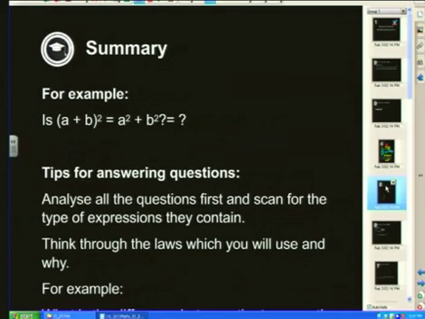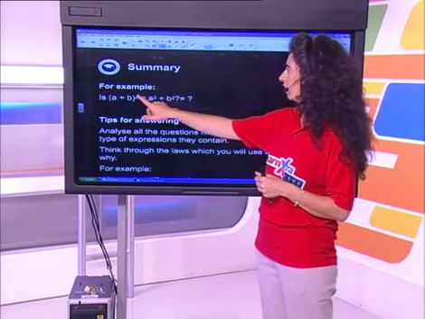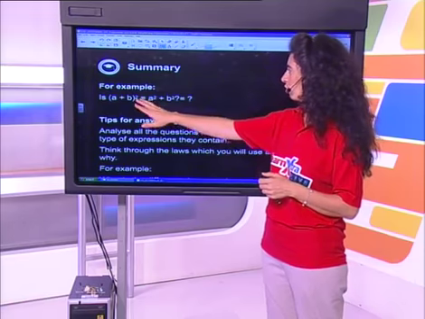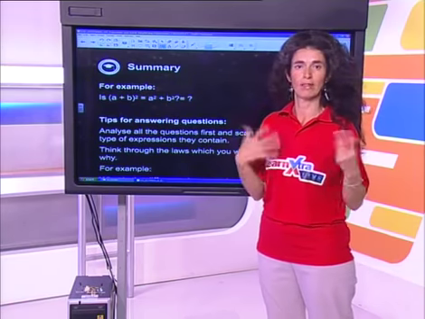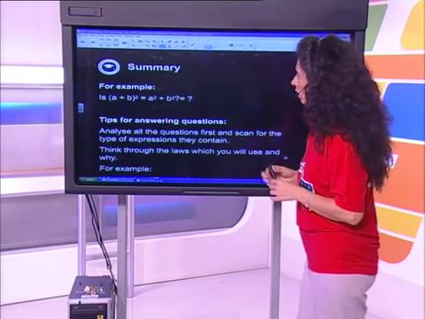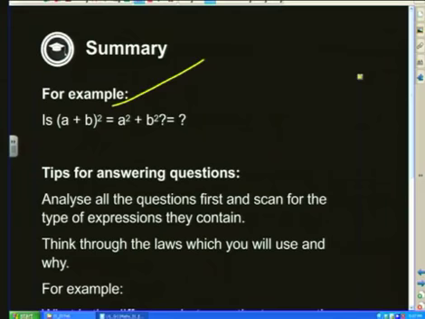Right, so for example, if we had a plus b and we were squaring, what would we be doing in order to get to that product? Well, first question is, what does it mean?